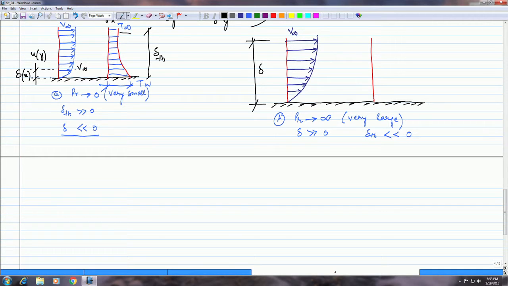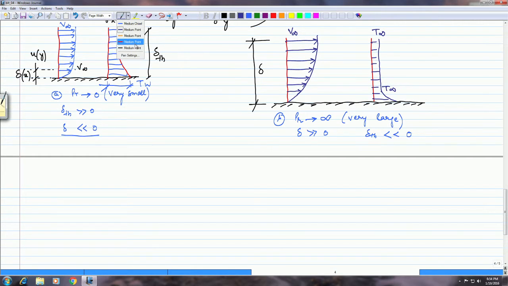Okay. Now coming to the thermal boundary layer here. So what basically happens is that this is the free stream, which reaches it right here. This is also free stream.